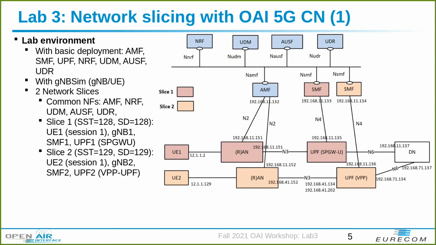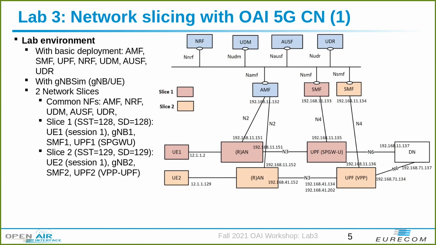For example, slice number 1 has SST 128, and slice number 2 has SST 129. I also want to mention that we use SPGW-U UPF for slice 1 and VPP UPF for slice 2.